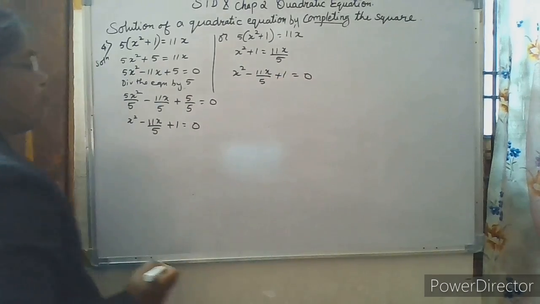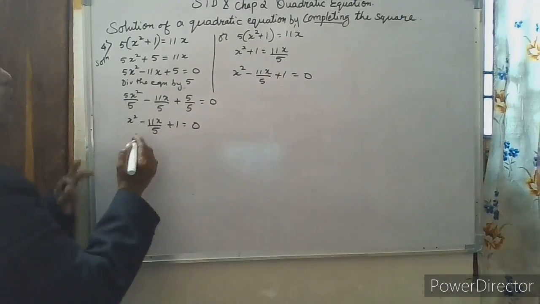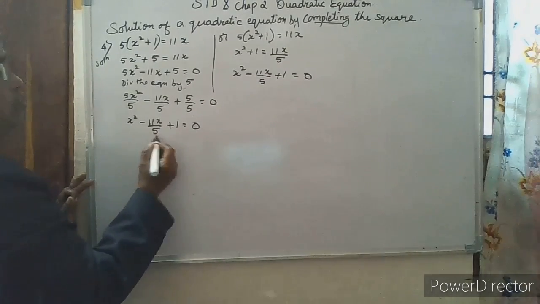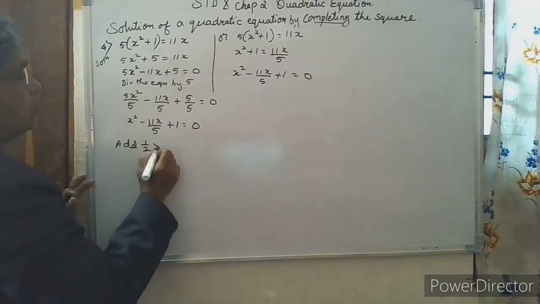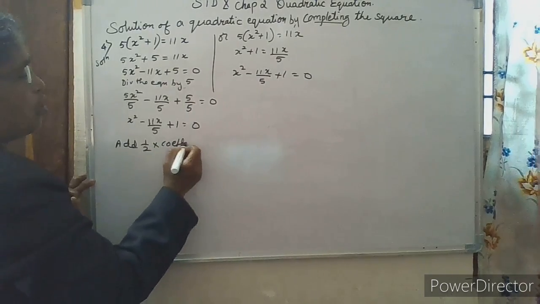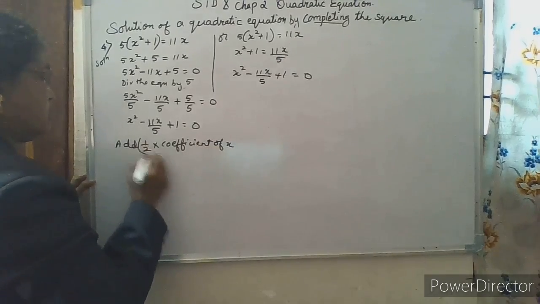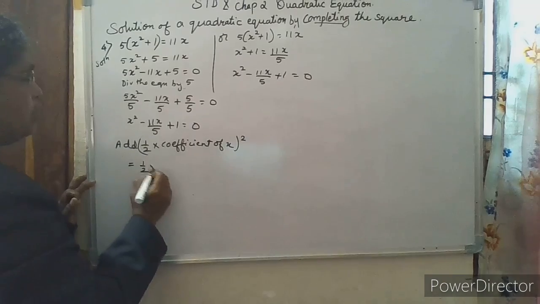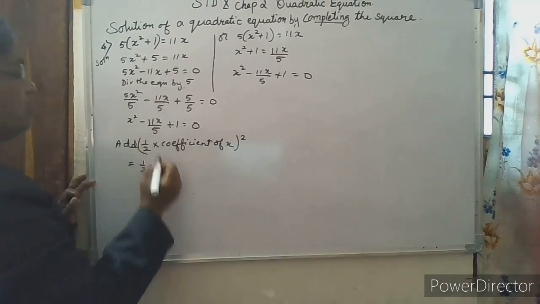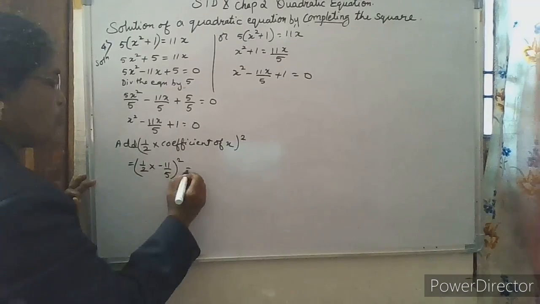General form. We come to this form again. So now this is in general form, so we have to add half into the coefficient of x the whole square. So it is equal to half into the coefficient of x, which is minus 11/5, the whole square.